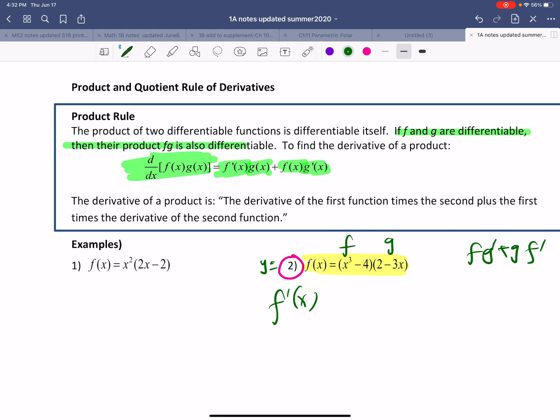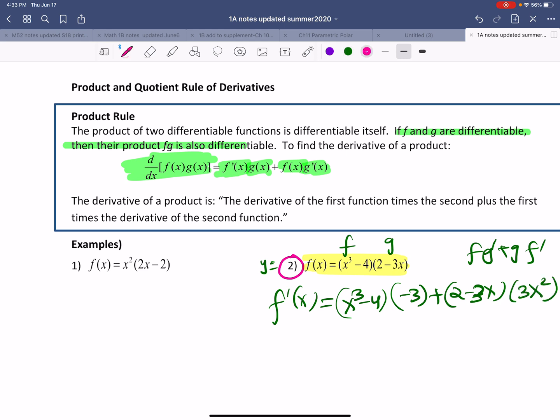First function times derivative of second plus second function times derivative of first. When you add two terms, it doesn't matter in which order you add them, so you can switch the order. So first function as it is times derivative of 2 minus 3x, which is negative 3, plus second function as it is, 2 minus 3x, times derivative of first, which is 3x squared.